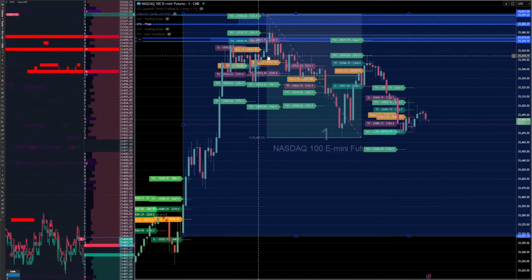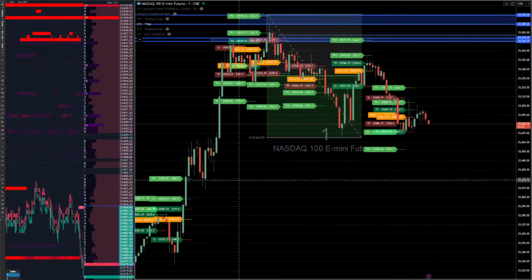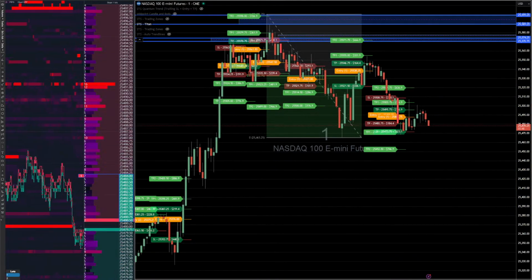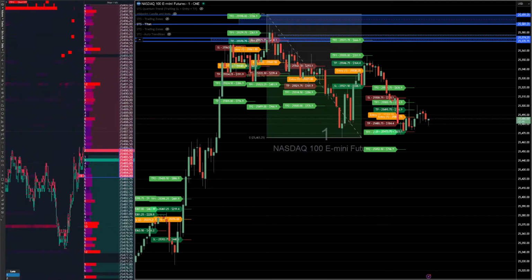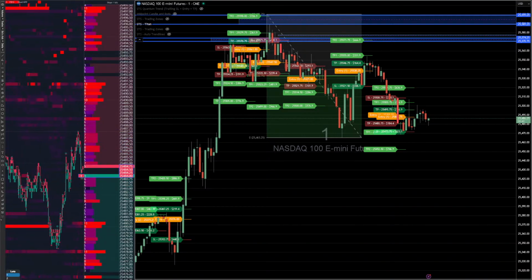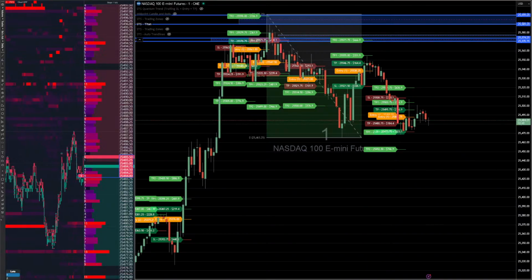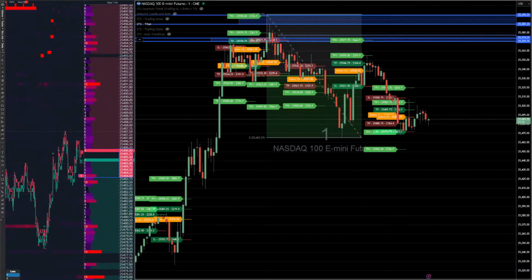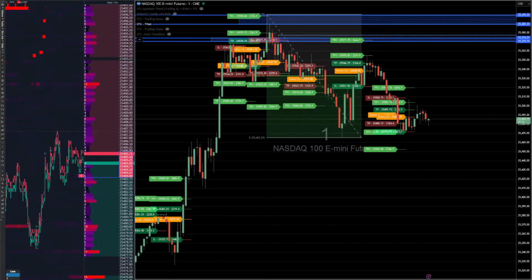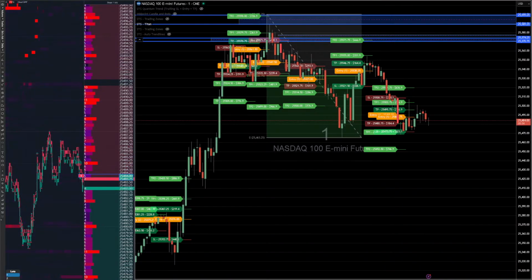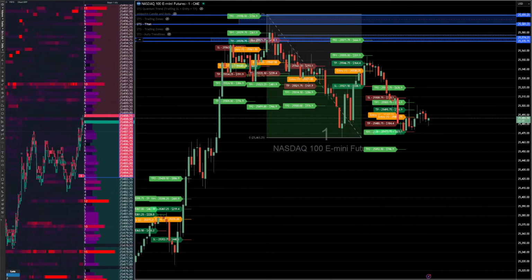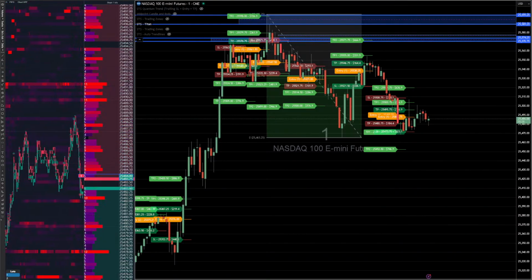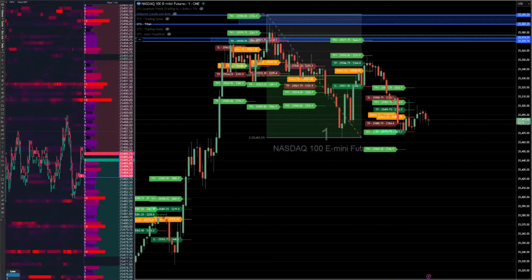I'd say very important, right? Because normally what happens in a typical scenario. Okay, never mind. What normally happens is initial balance, then price will break out above or below, and then you want to see price stay outside of that in a typical market, right?